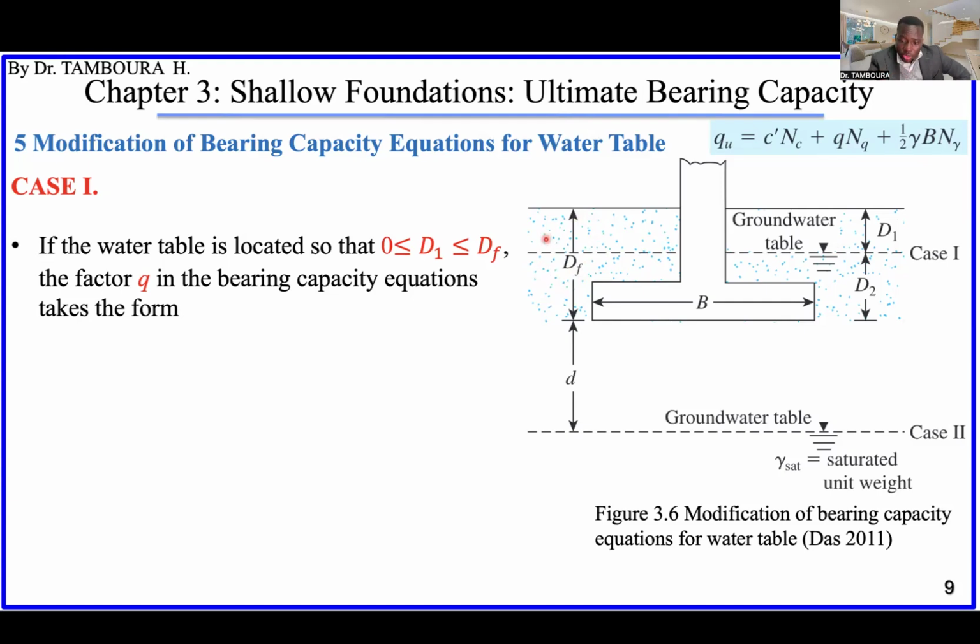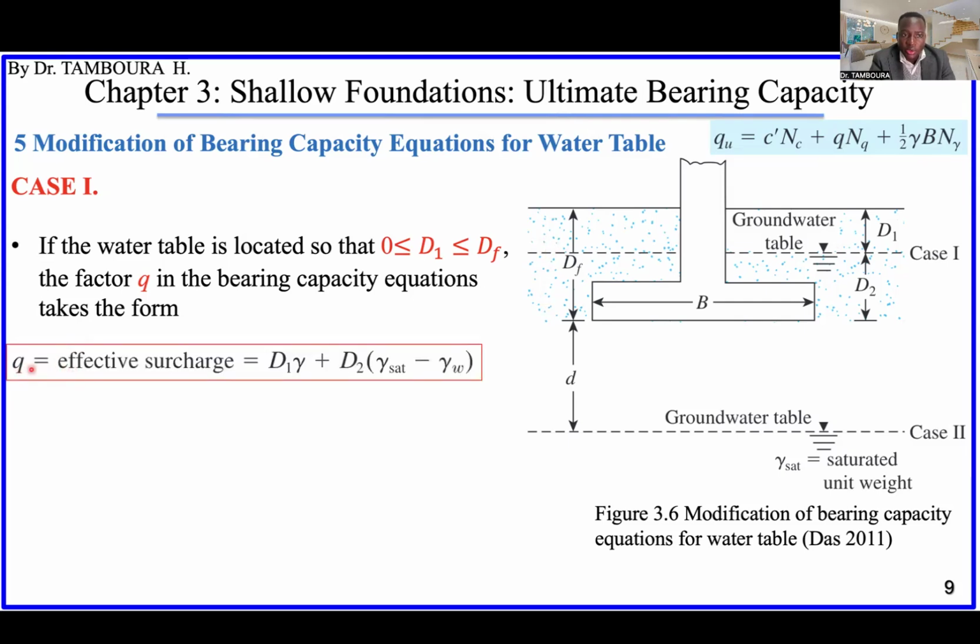So if you have this situation, how will we modify the bearing capacity? The thing we have to modify, of course, is this q, because the overburden pressure will not be the same. We have to look for the effective charge. Remember this q was only DF multiplied by gamma.